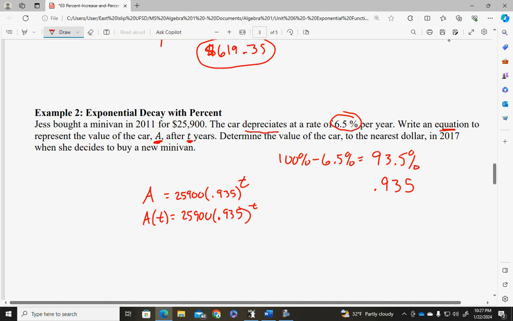And we want to determine the value of the car to the nearest dollar in 2017. So how many years has passed then? If you said 6, you're right. So in place of my t, I'll put a 6 and use my calculator.